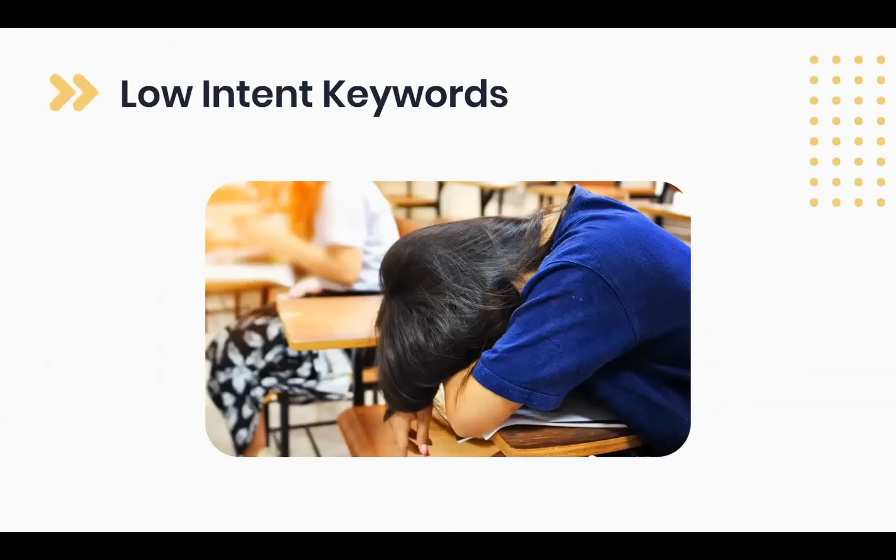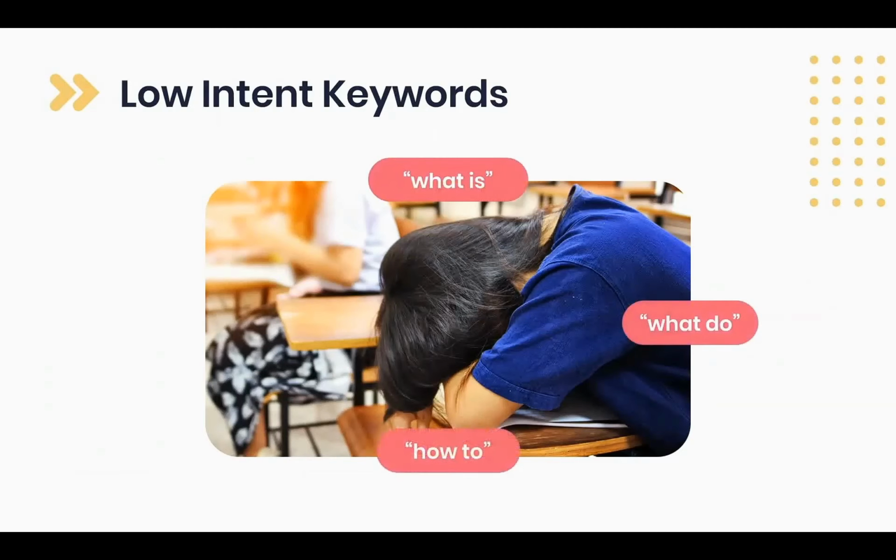Then we have low intent keywords, and these keywords are used for purposes other than making a transaction. They typically include words like what is, what do, how to, although how to could be a high performance keyword in some cases. And then there are other so-called broad keywords. For example, let's say someone is searching for an exact brand name. So they just added that brand name or the website address.